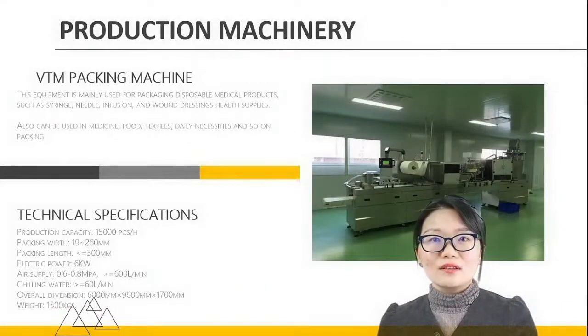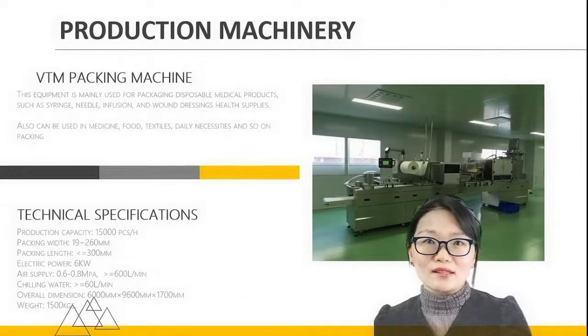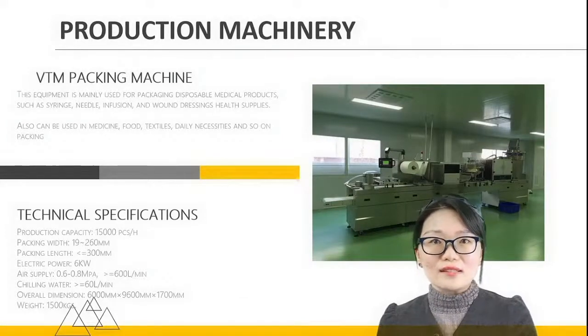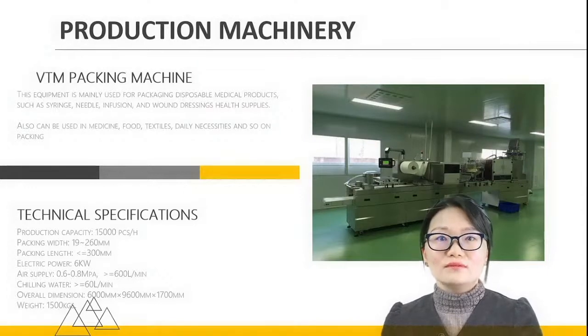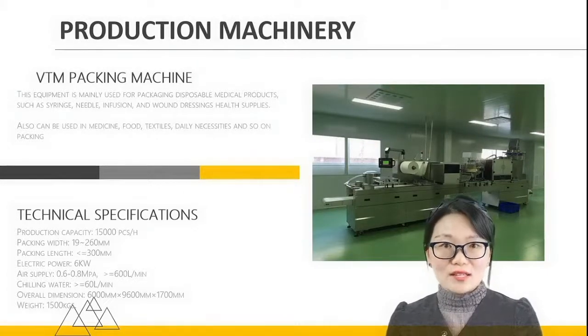This machinery is normally used for packaging disposable medical products such as syringes, IV sets, and infusion. The productivity is quite big too, around 15,000 pieces per hour.